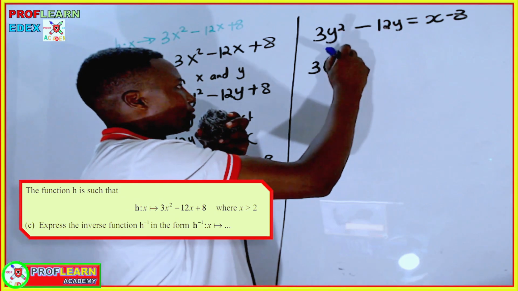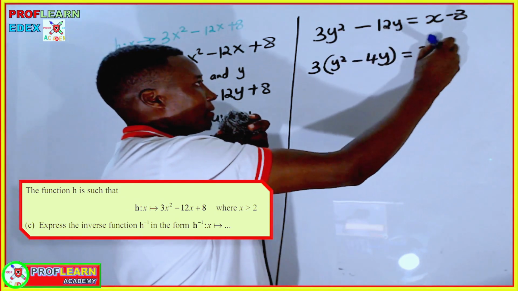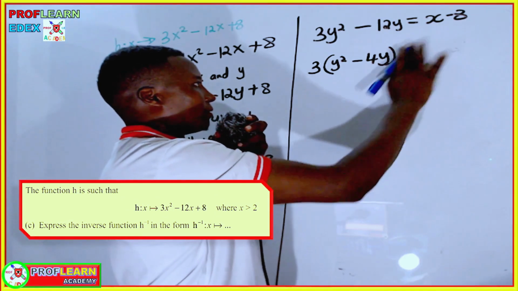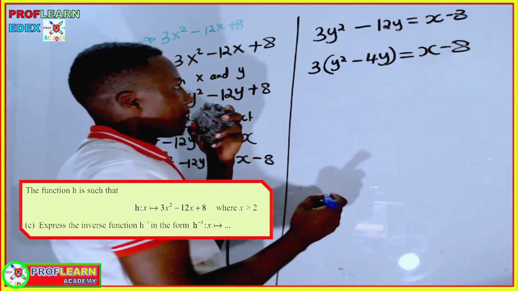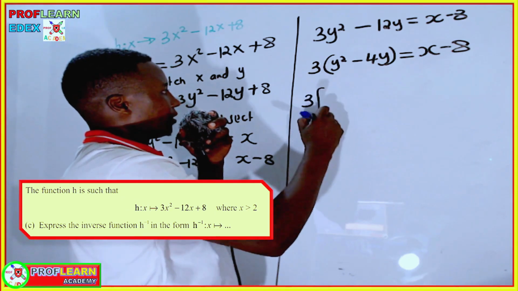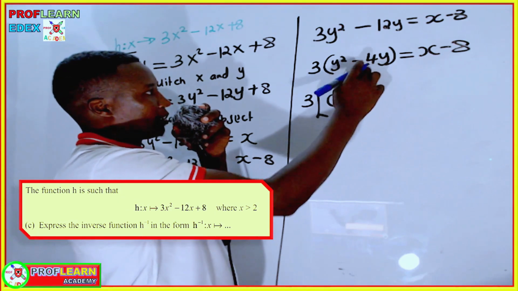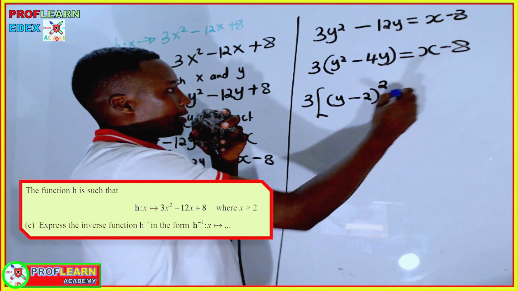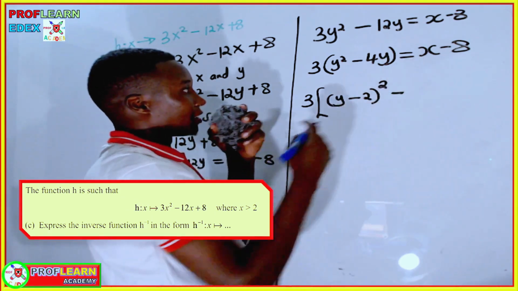So we shall remain with y squared minus 4y, equals x minus 8. Then I'm going to complete the square of this. So we shall have 3 into bracket y minus a half of this, which is going to be 2.